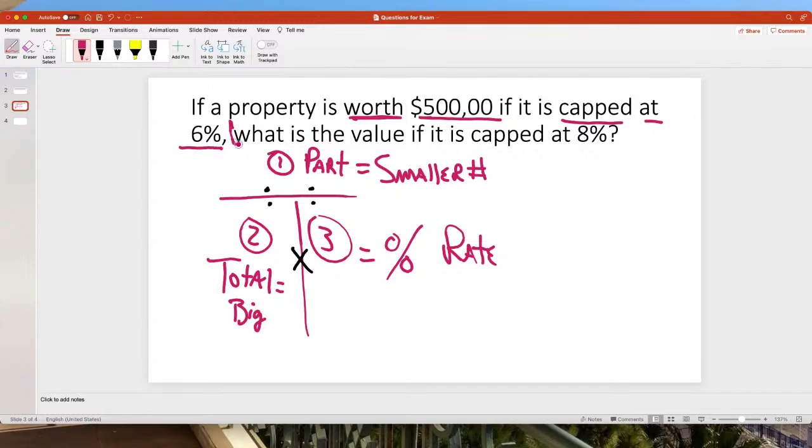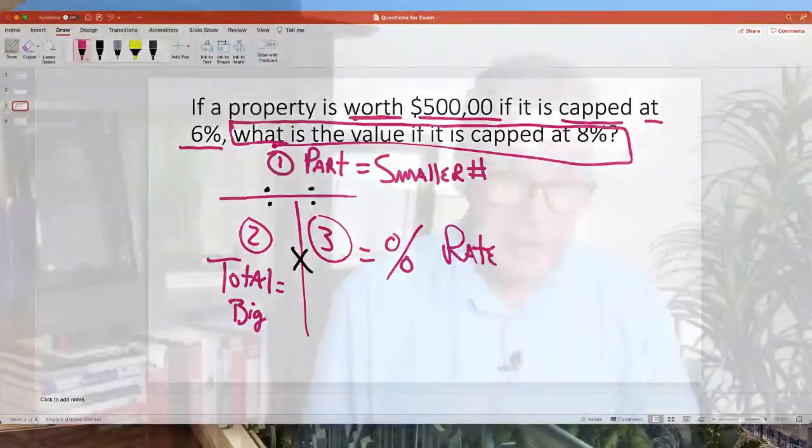And this is what they want us to answer: what is the value if it's capped at 8%? Now again, remember what I said from the beginning. We actually have to work one problem, and when we get the answer to that problem, we will use that answer and plug it into the second problem, and that will help us solve the problem, okay?